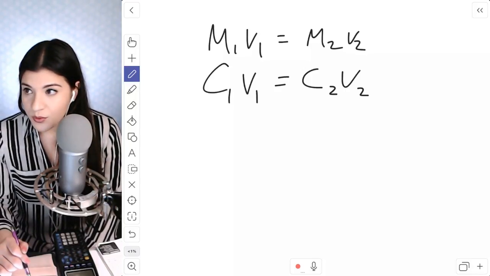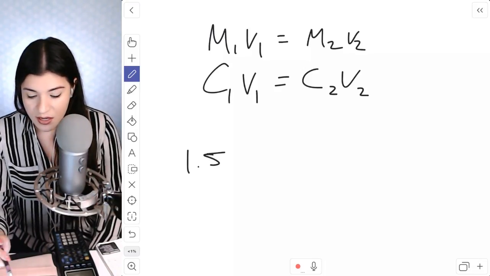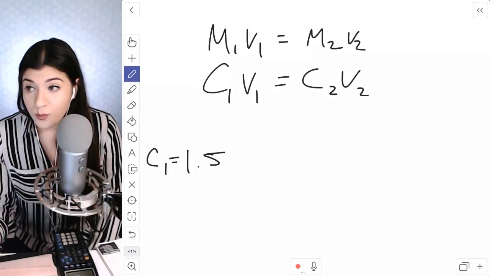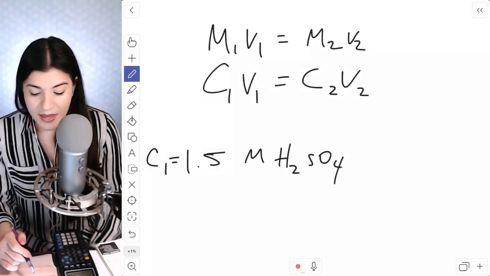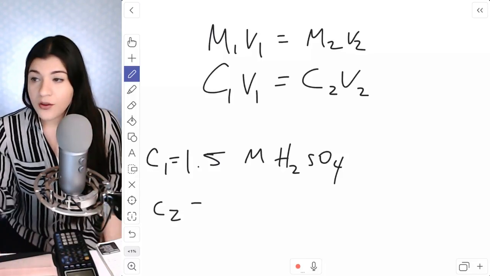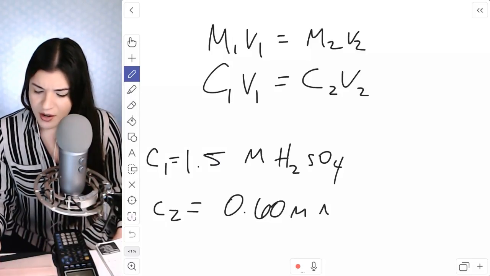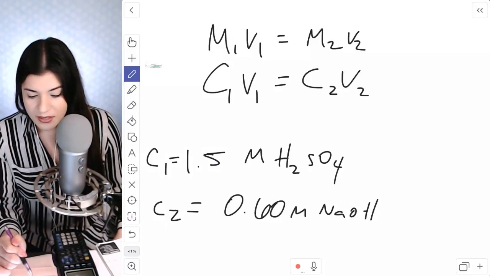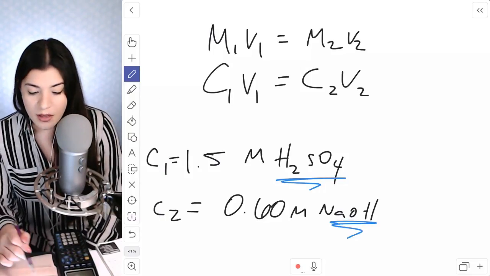But we can check if it actually gives us the same answer, since it tells us to neutralize it. C1 would have been 1.5 for our molarity of H2SO4. Then C2 was the other concentration that they gave us, which was 0.60 of NaOH. Right then and there, that's why it's off, because both of these should be the exact same.